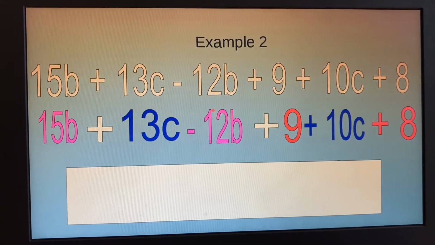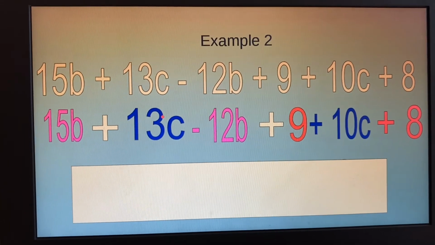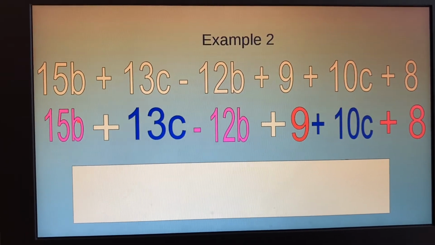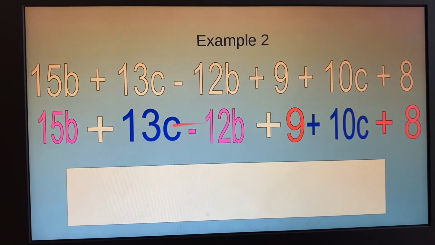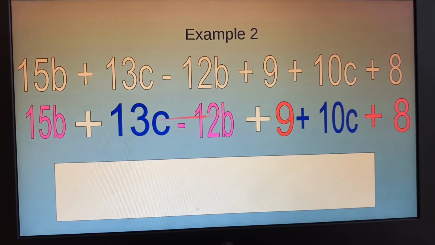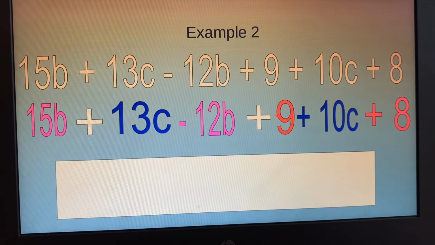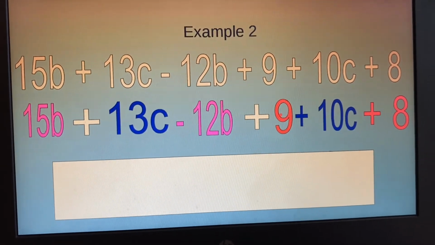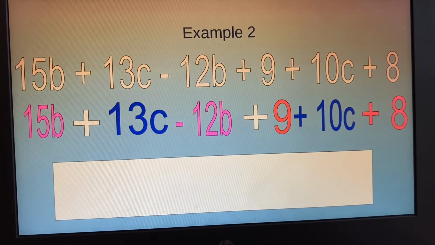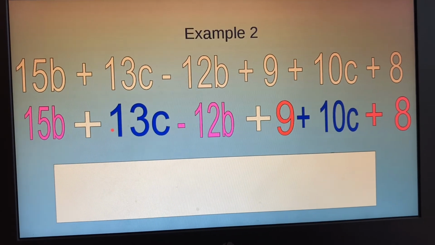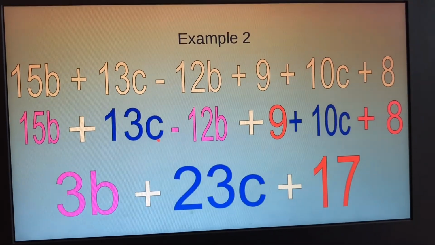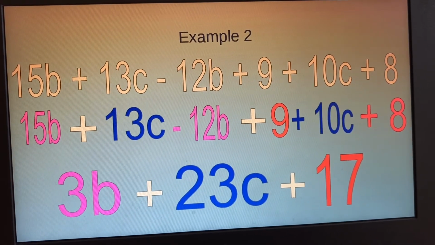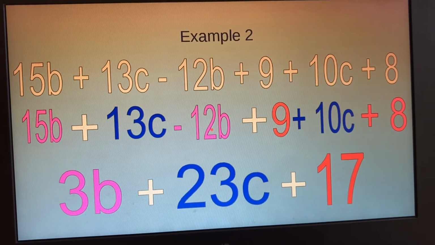Next, we're going to go to the next level. I put the like terms in the same color. 15b has the same variable as 12b, so they will be combined. 13c has the same variable as 10c, so they will be combined. And then 9 and 8 are both constants, so they will be combined. Every like term is in the same color. Lastly, we will do the combining. 15b minus 12b is 3b.